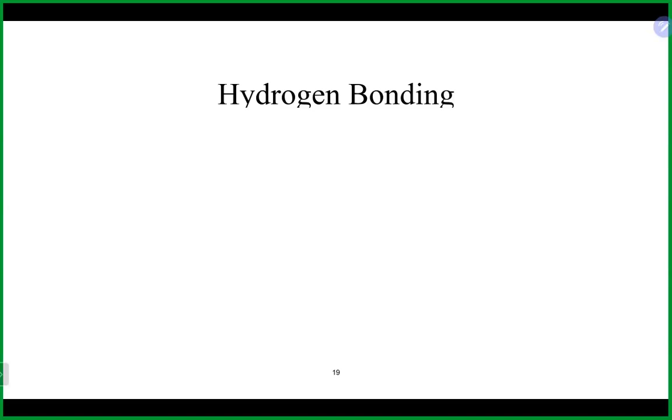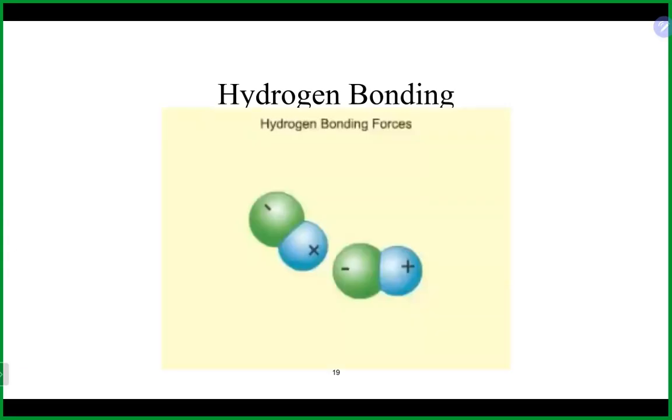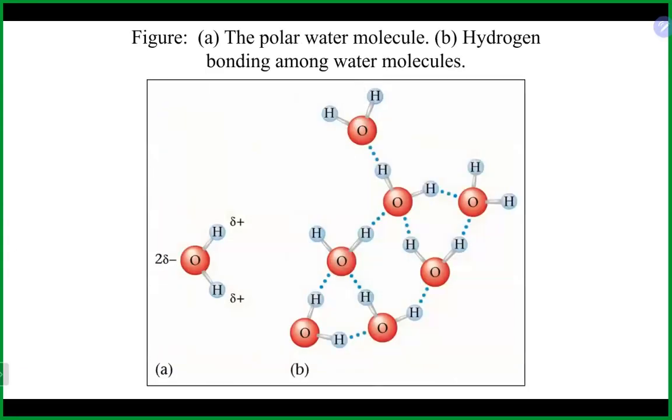That's because the volume of water increases in the solid state, and density is mass over volume. So the density is actually less than what we see in liquid water. So again, here's our hydrogen bonding between different water molecules.